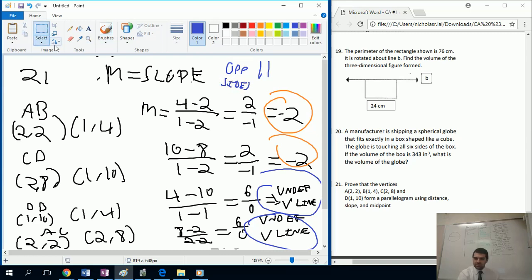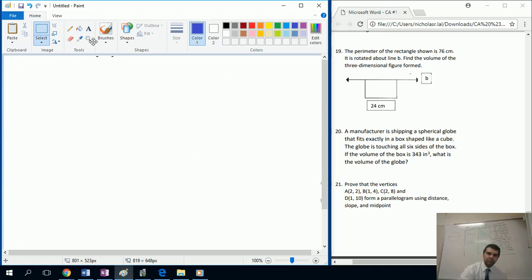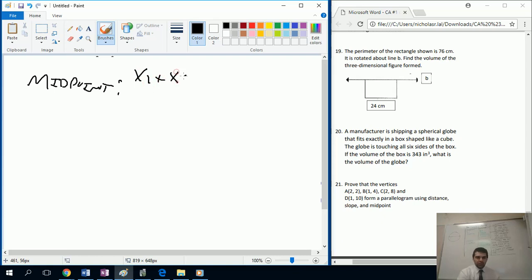Last part is going to be using midpoint, and then we can be done with this video. So the midpoint formula is x1 plus x2 over 2, y1 plus y2 over 2.